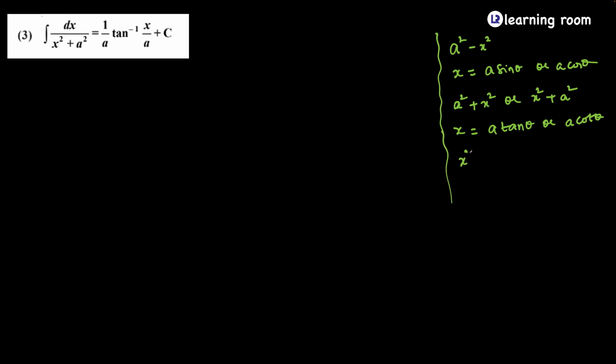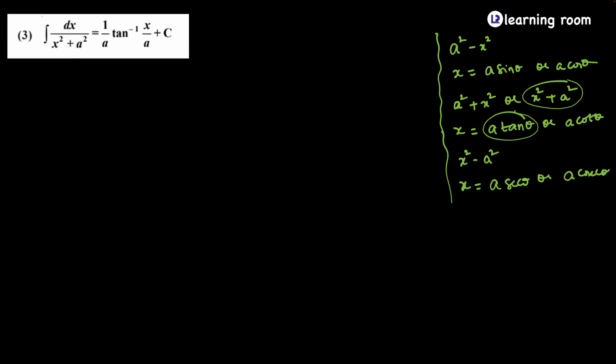If you have x square minus a square, then you can substitute x as a secant theta or a cosecant theta. That's the idea. Now, what I can do in this problem is, since I have x square plus a square in the denominator, I'll substitute x is equal to a tan theta.